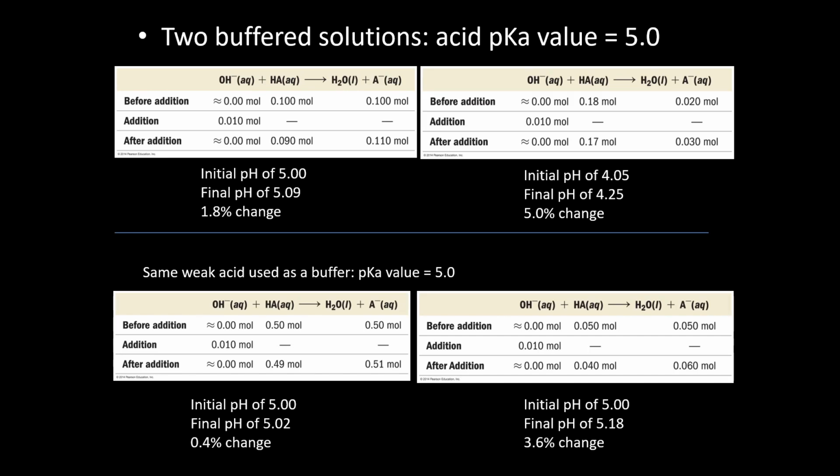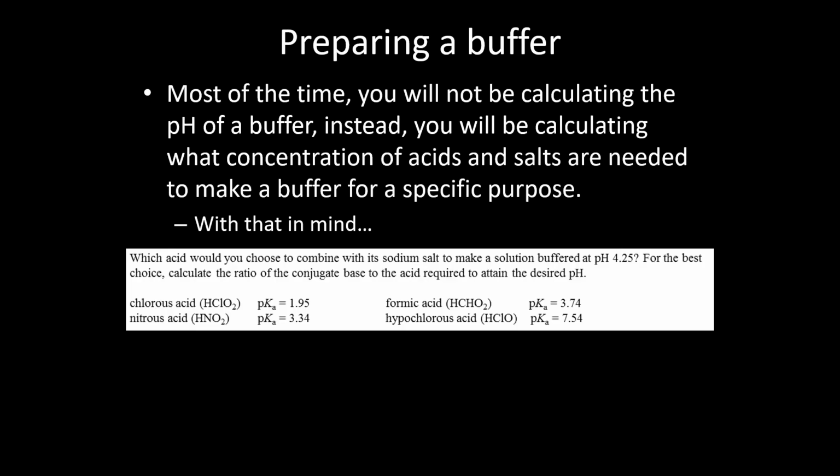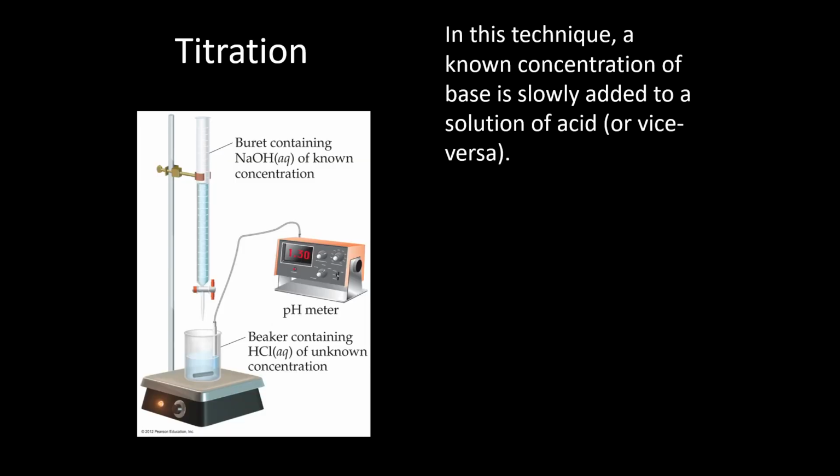So I'm not going to have you doing calculations like this one, where you actually work out the amounts of an acid or a base that you would need to get a pH of a certain value, but you should know how to think about them, just in general.